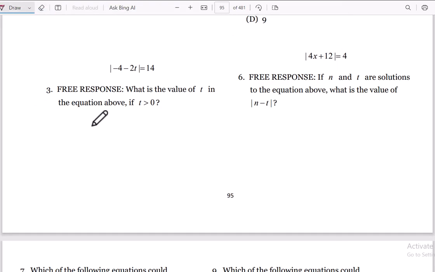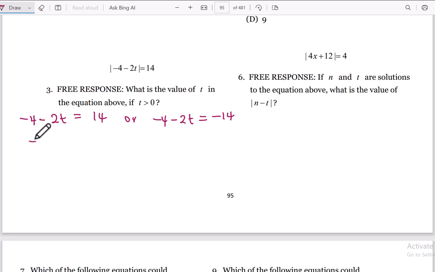So for question number 3, what is the value of t in the equation above? Let's solve this. We'll have that negative 4 minus 2t is equal to 14, or negative 4 minus 2t is equal to minus 14. So that's two possible values.